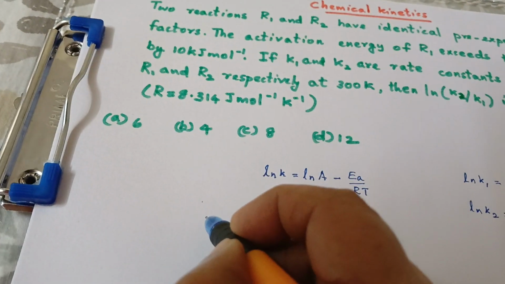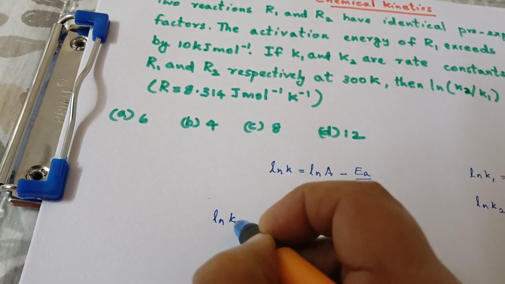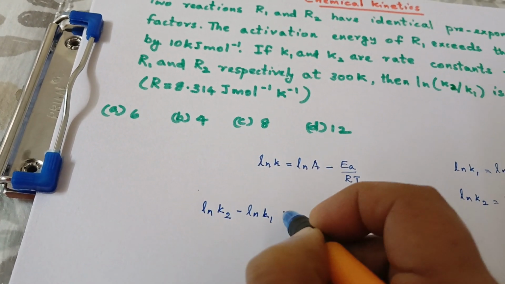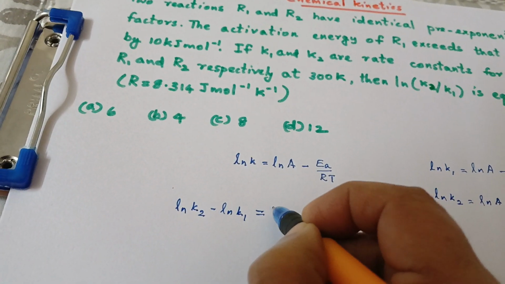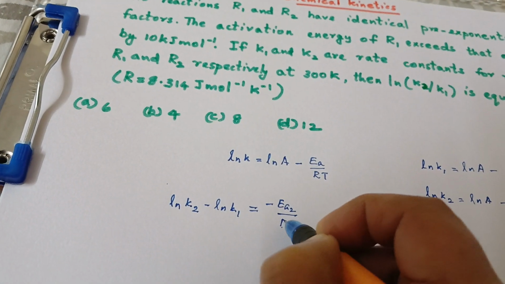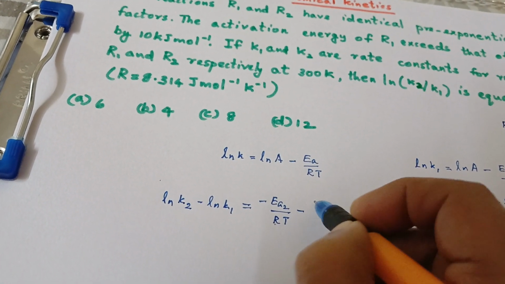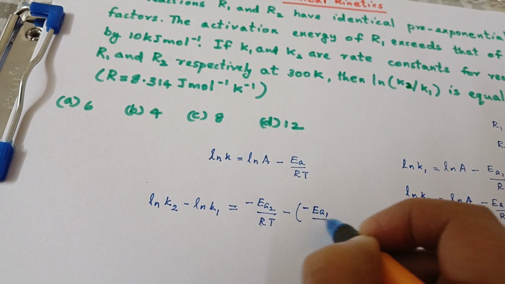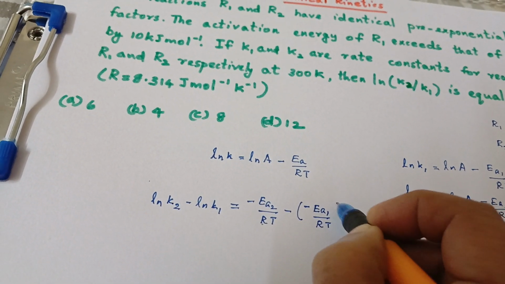So when we write ln K2 minus ln K1, we can write minus EA2 by RT minus minus EA1 by RT.